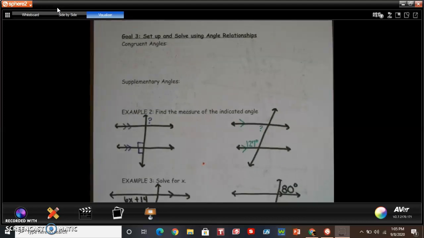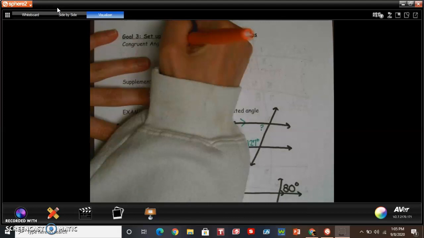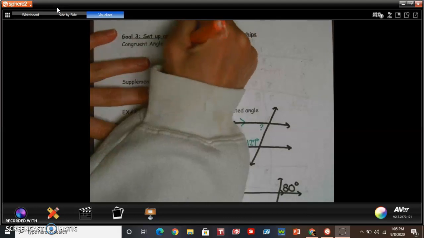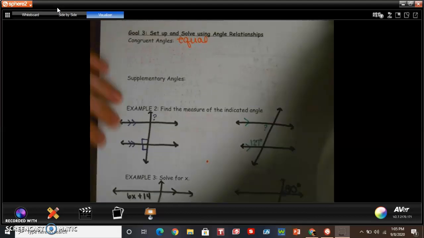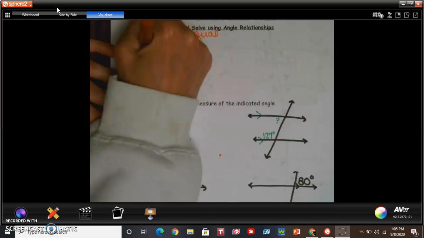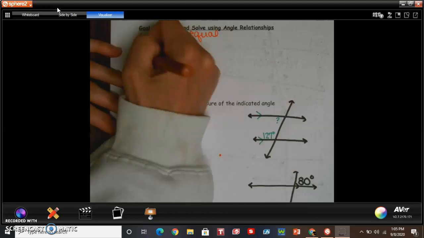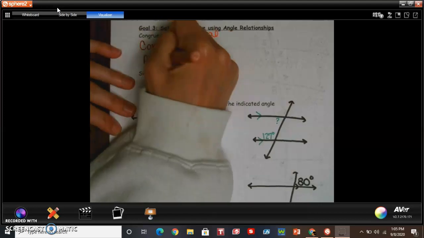Now we're going to be talking about these relationships and being able to set up and solve equations with them. So we're either going to be talking about congruent angles or supplementary. Remember, congruent means they're going to be equal. So what are our congruent angles? The long list. Corresponding are congruent. Alternate interior are congruent.